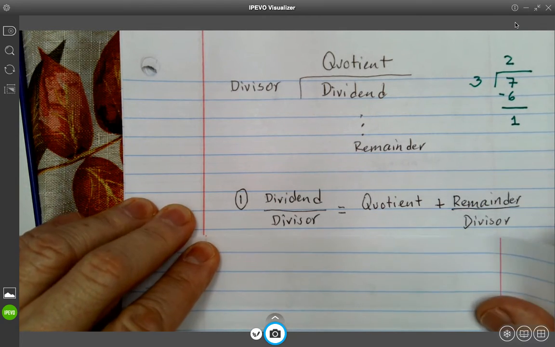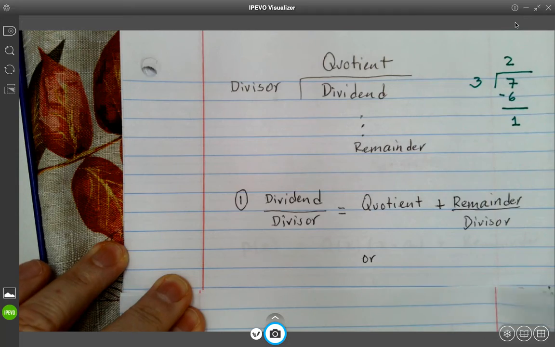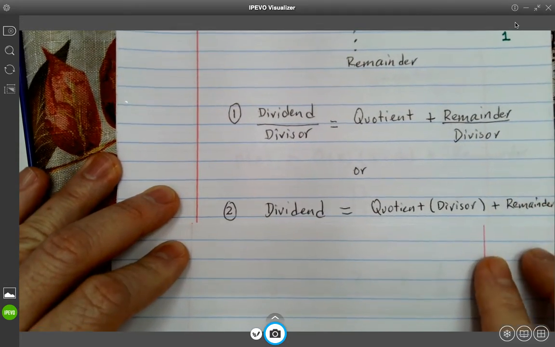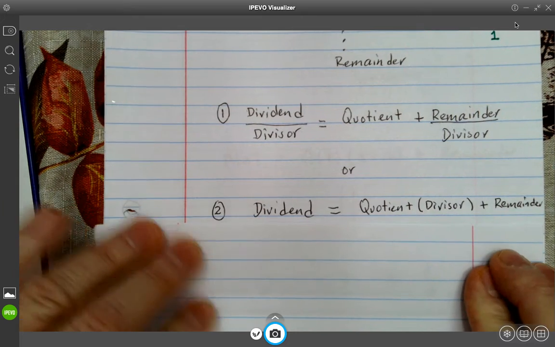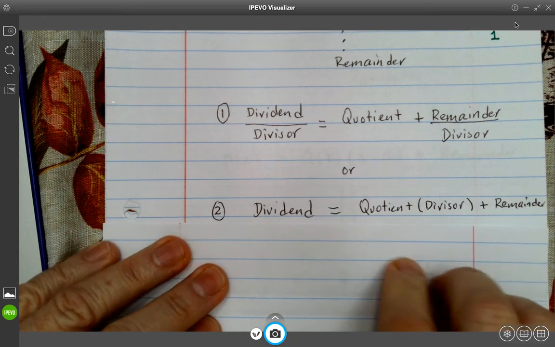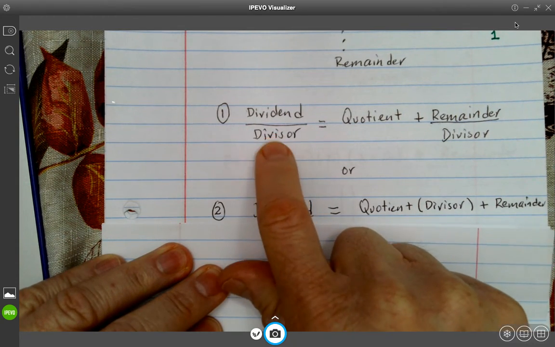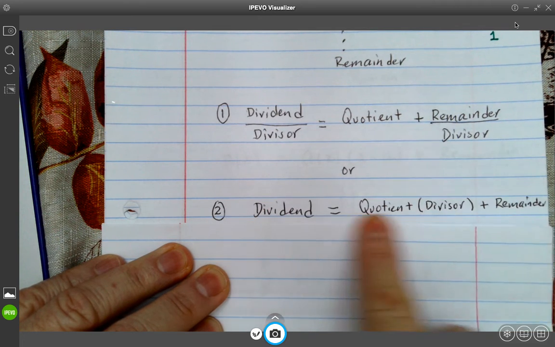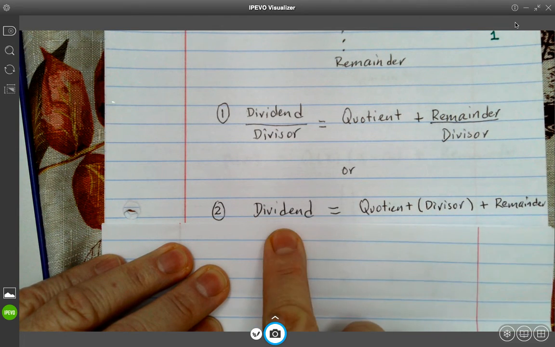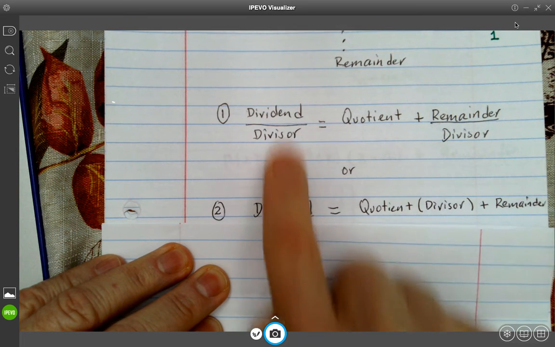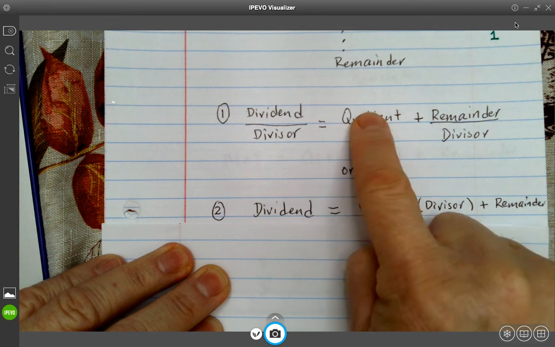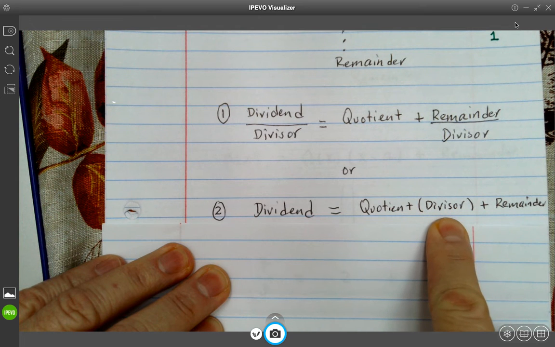We can also write this in a simpler way. If you multiply both sides of this equation by the divisor, you get this equation down here, in which you now have only the dividend equals the quotient times the divisor plus the remainder.